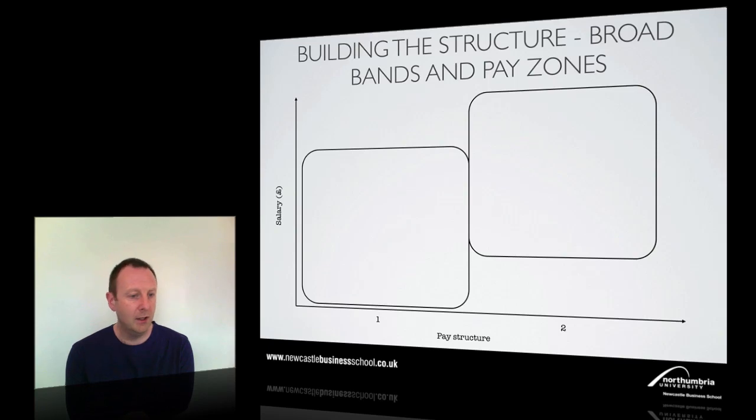Potentially I could be earning 100, 200, 300% more than I'm earning now, simply by sitting tight and rising to the top of my pay range through incremental progression, or maybe through a performance-based increase system, or whatever it might be. Now, this is where the rub comes, because where organisations have introduced broad bands, clearly they're not too keen on the idea that they could have this inflation of labour costs simply through people rising to the top of these enormous pay ranges.